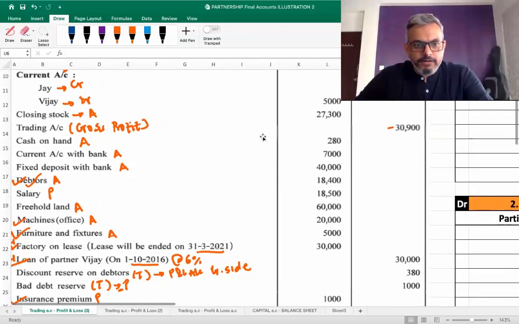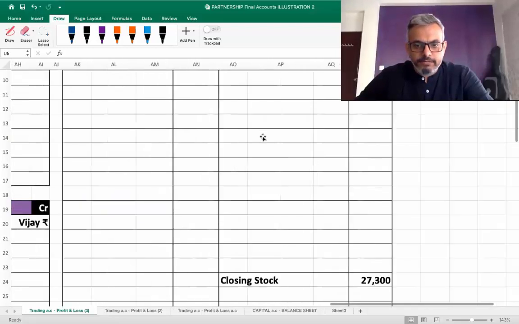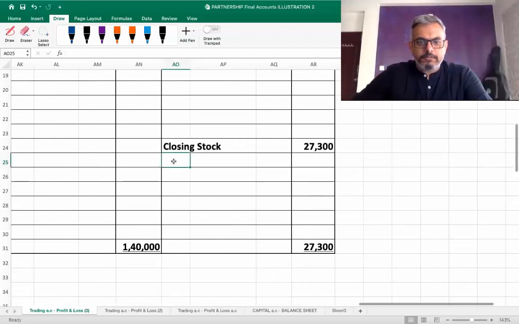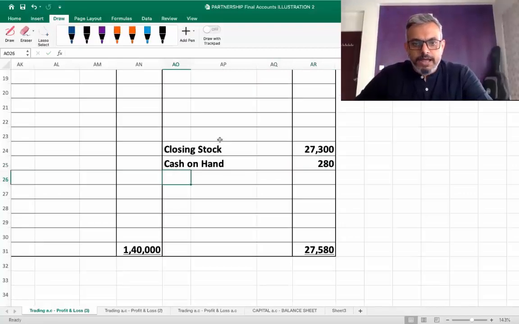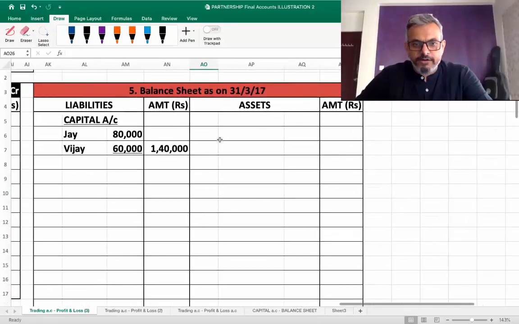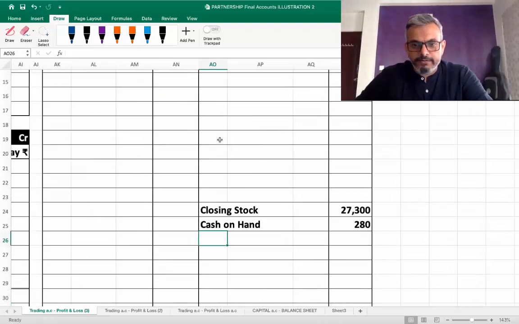Cash on hand 280, balance sheet asset, cash on hand 280.